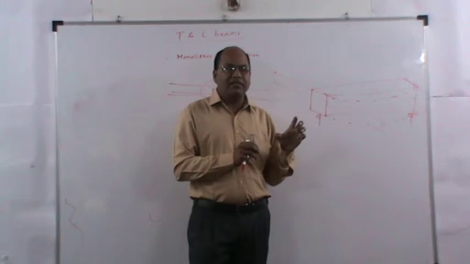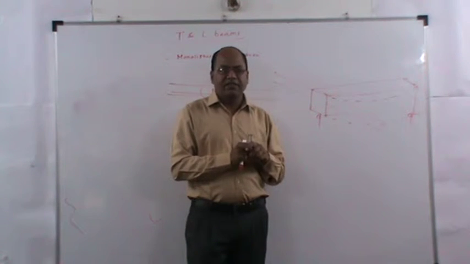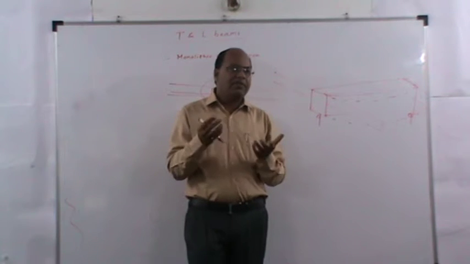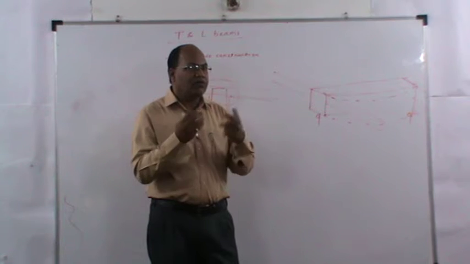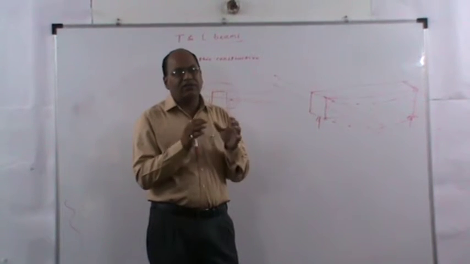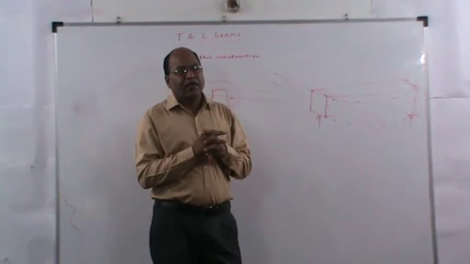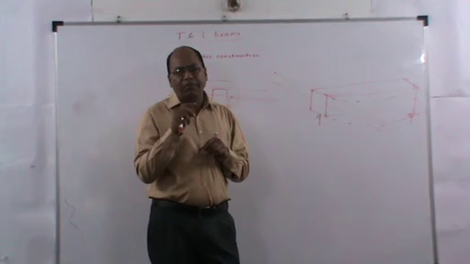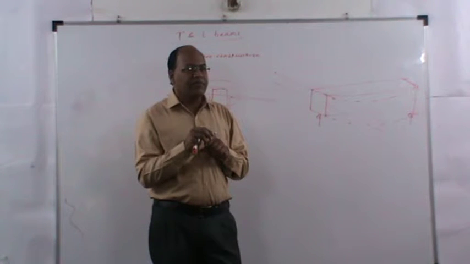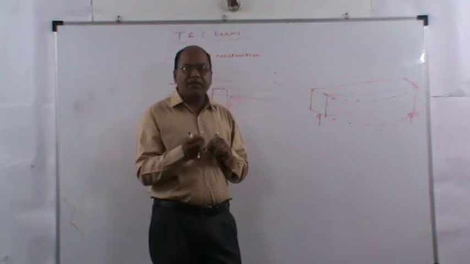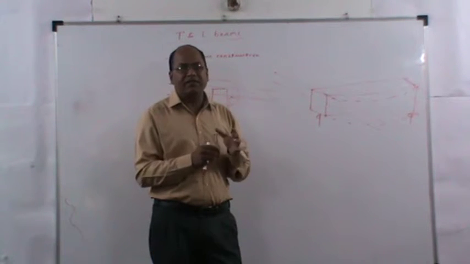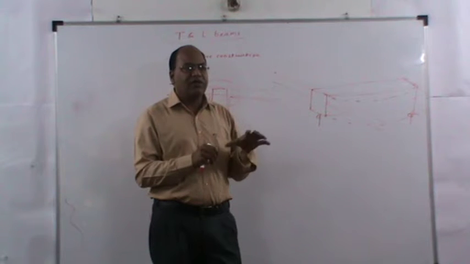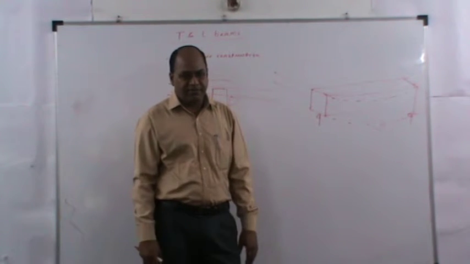So flange action is nothing but if beam and slab are cast together and if the reinforcement of one goes into the other, a rigid joint is formed and the compression of the beam is resisted by the slab also, or slab helps the beam in resisting this compression. This joint action is called as flange action.